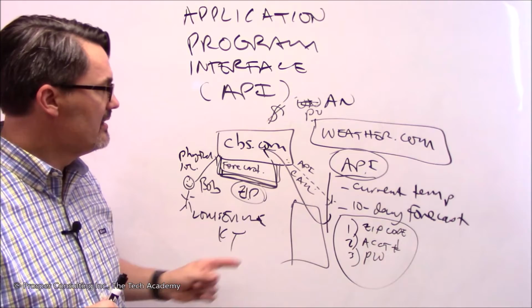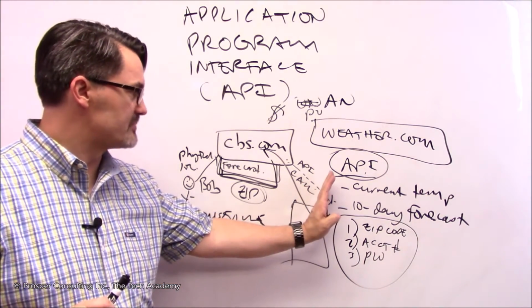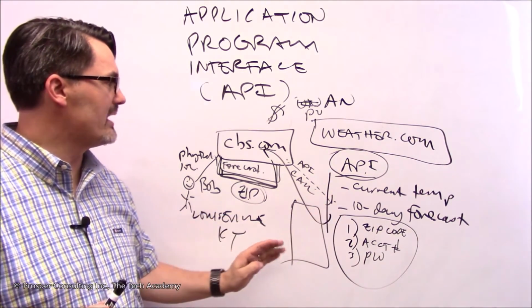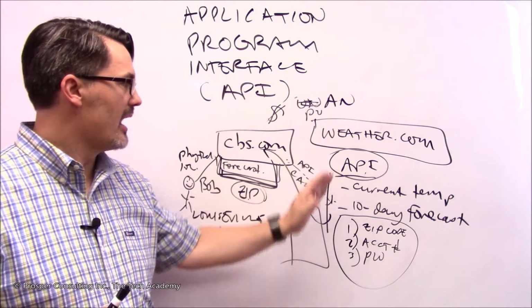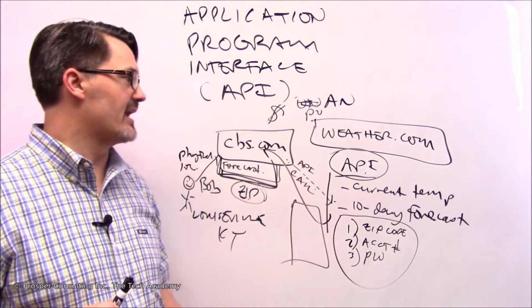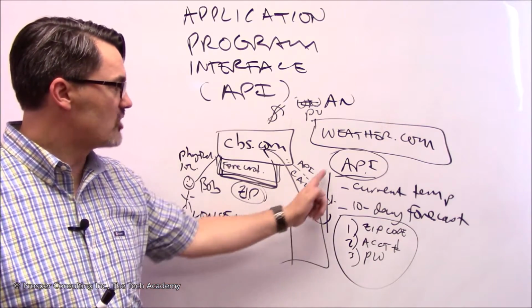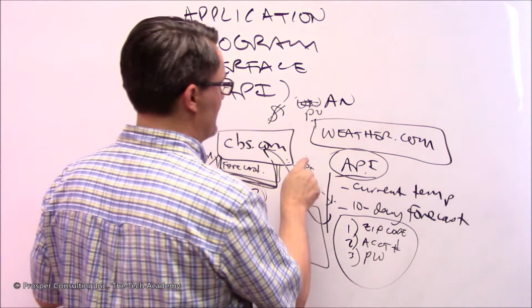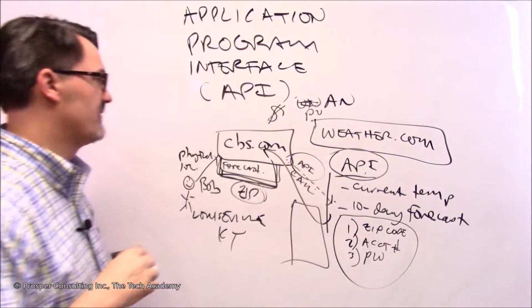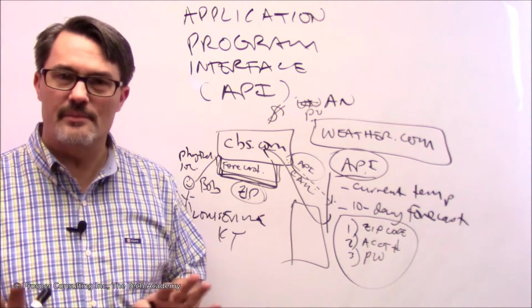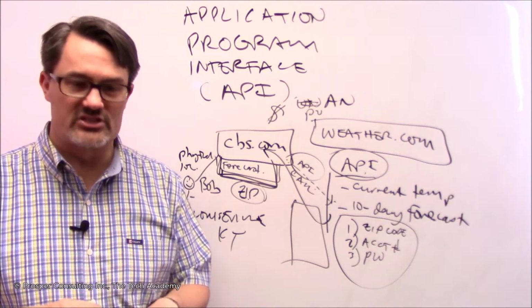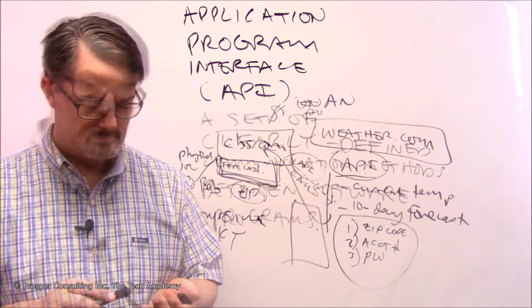So this meeting place, this point of contact between a requester of data from Weather.com and the actual provider of the data, Weather.com, is called an interface, specifically an application program interface. So, now that you got that, let's step back to the more conceptual definition of an API.